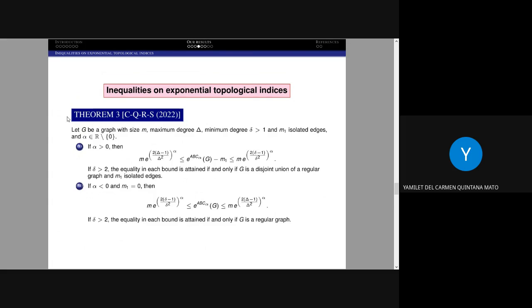And we obtain also another result associated with the ABC alpha index in this case.